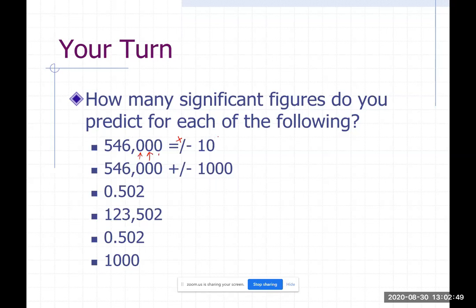We're told that when we're given this information right here. So that means that we have 1, 2, 3, 4, 5 significant figures. And I'm just going to write SF right there. And I'm going to leave the rest for you to do later on.